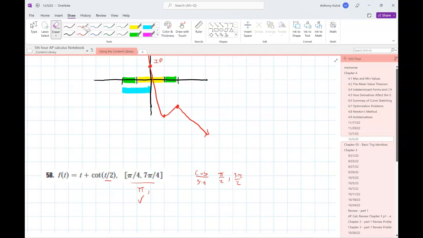Nope. 3 pi would need to be in there, which I don't. So there is one place where the function is undefined. I'm just going to keep note of that.